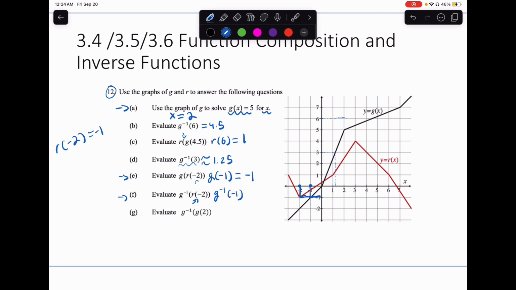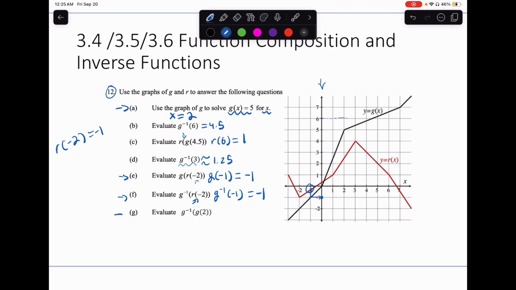Again, if we're dealing with an inverse, I want to look at our y-axis, which is our output values. So when our y is -1, what is our associated x value for the g of x graph? Well, that's going to be -1.